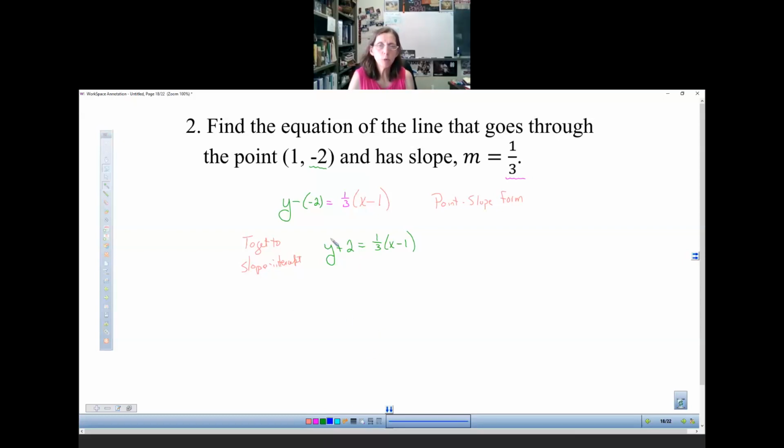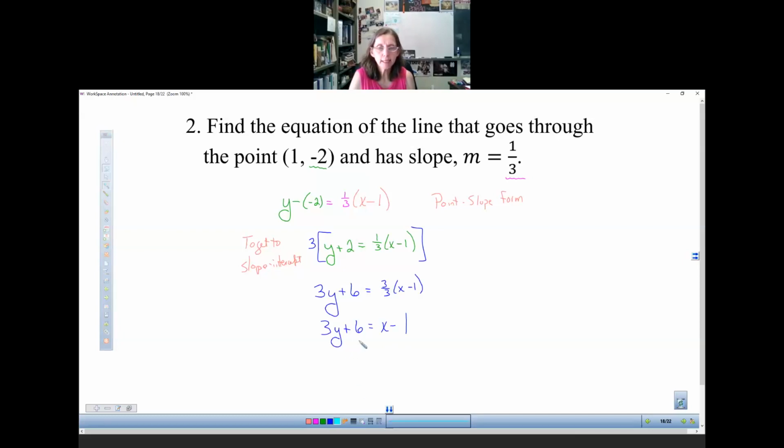So I'm going to multiply everything up here by 3, and I'm going to distribute this. So this becomes 3y plus 6 is equal to 3/3 times x minus 1, and I'm going to continue to clean this up. 3y plus 6 is equal to, well, 3 over 3 is 1, so I just have x minus 1. I'm going to subtract 6 from both sides.